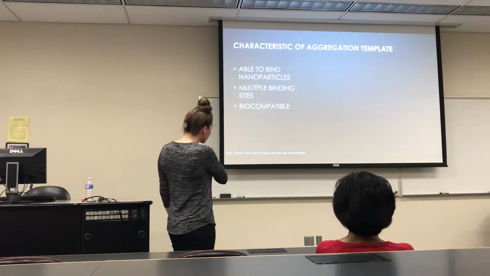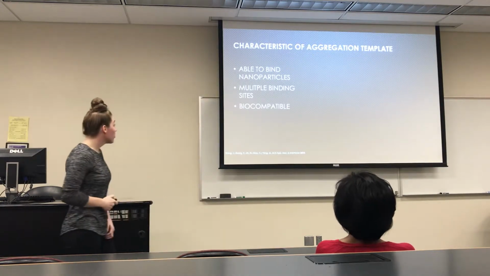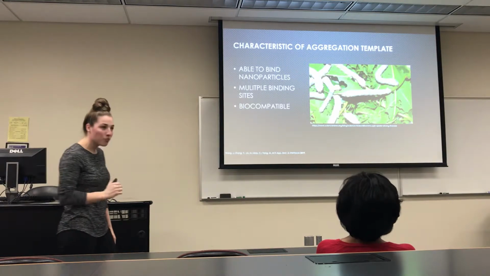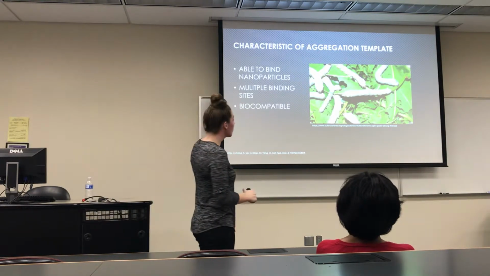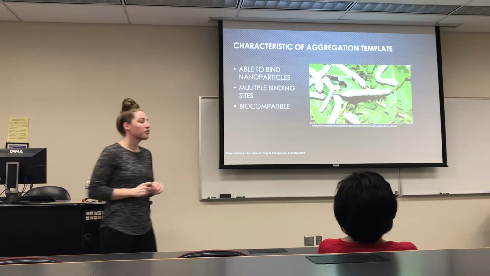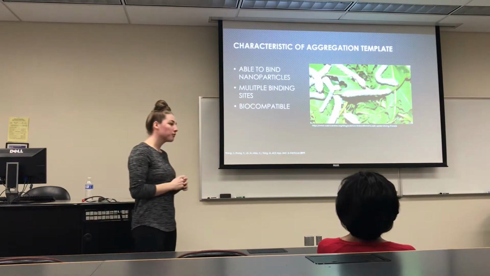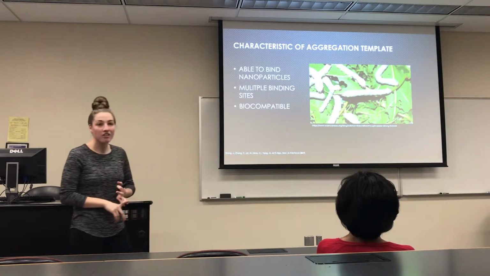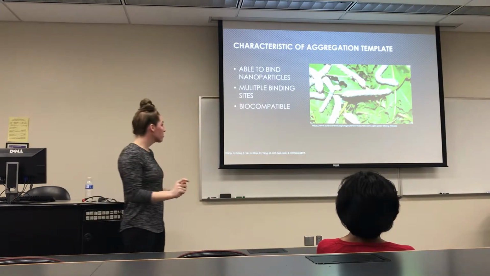What the research did in the Wong article was use a silk protein called fibrin. They noticed that on the surface of this protein there were a lot of acidic residues, in the form of glutamic acid and aspartic acid, which are negatively charged in solution.